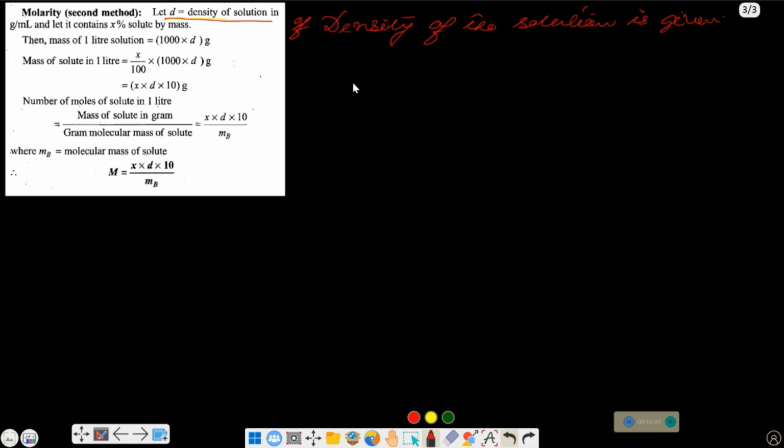Suppose the density is given, if d is the density in gram per ml, this is the density of the solution given. And we are told that percentage by mass is given, x% by mass.